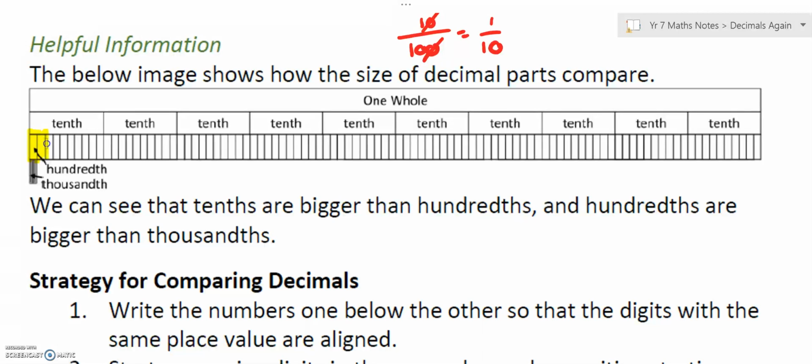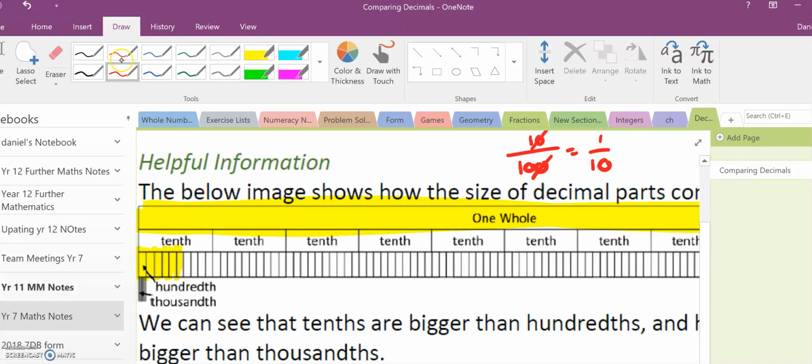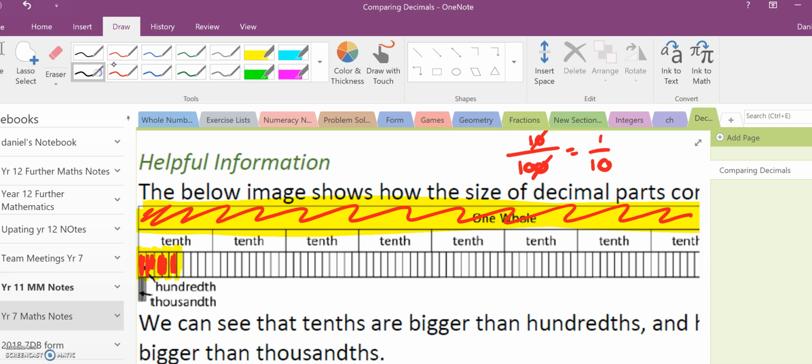So 1, 2, 3, 4, 5, 6 hundredths. Okay, and the 1 compared to 1 and 5 hundredths. 1, 2, 3, 4, 5. You see that that's definitely a smaller amount than the yellow.